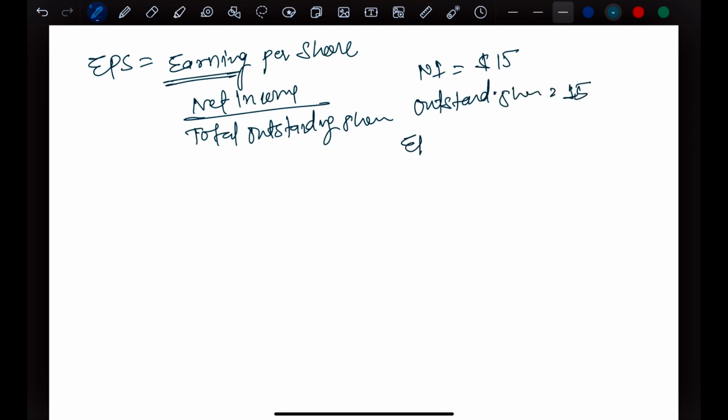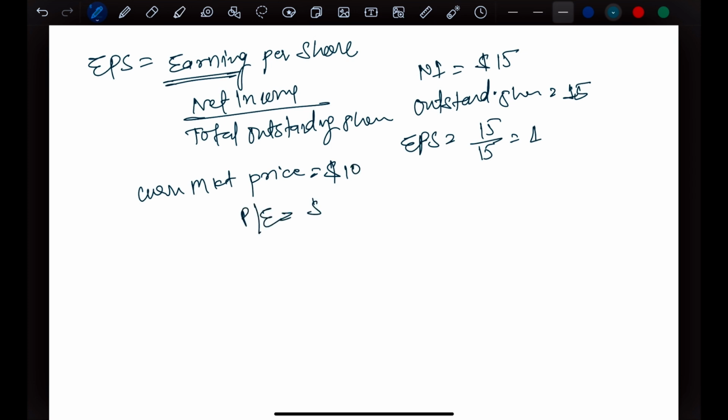So what will be the EPS? It will be nothing but 15 upon 15, which is 1. And if the current market price is, let's say, $10, our PE ratio would be 10 upon 1, which is 10.